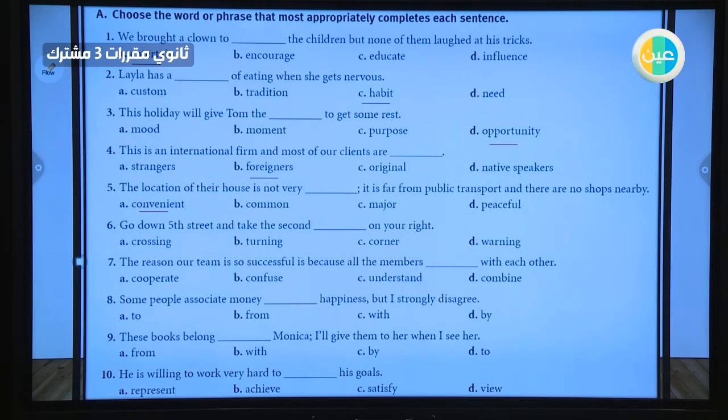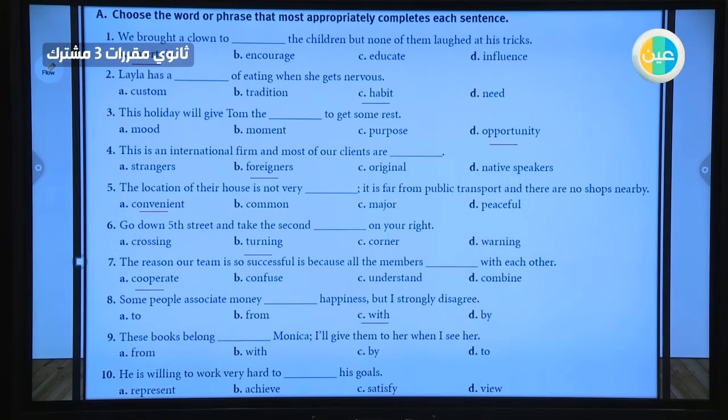Go down 5th Street and take the second turning on your right, direction. Seven: the reason our team is so successful is because the members cooperate with each other, help each other. Some people associate money, what did we study now about the verb associate? What's the suitable preposition?